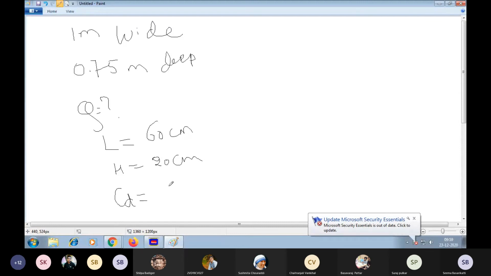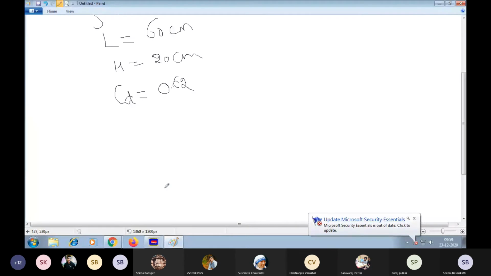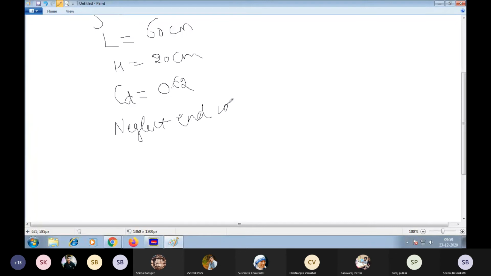Take CD equal to 0.62. Neglect end contraction. Take velocity of approach into consideration.